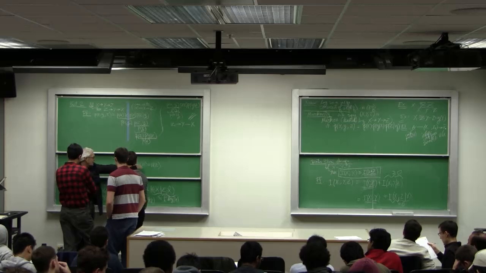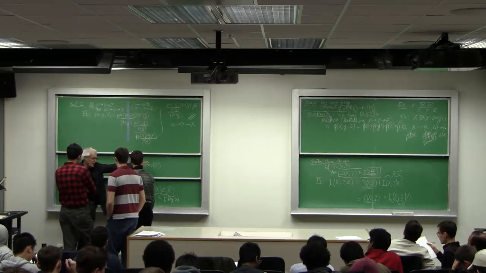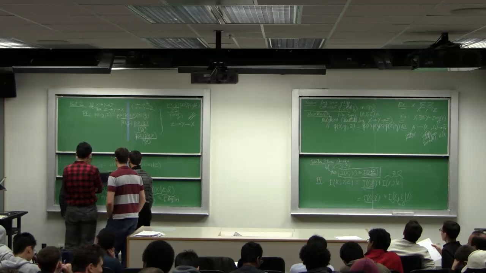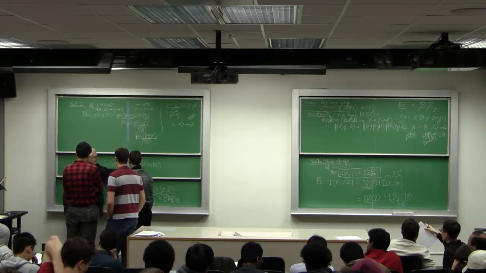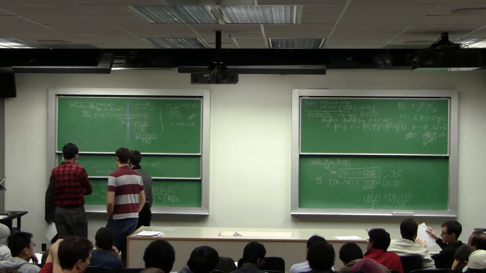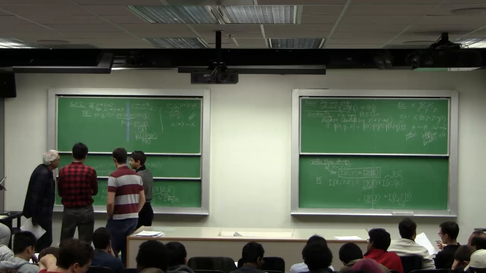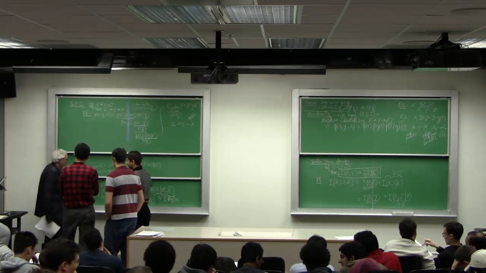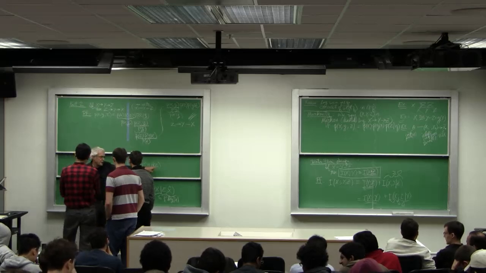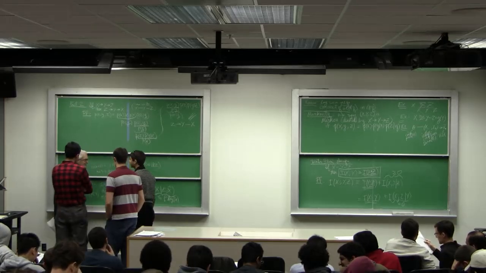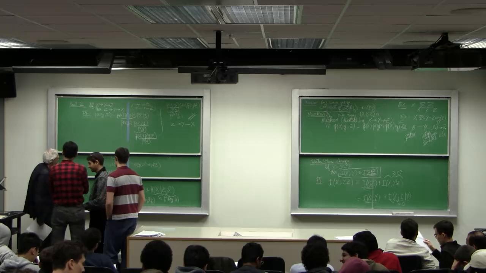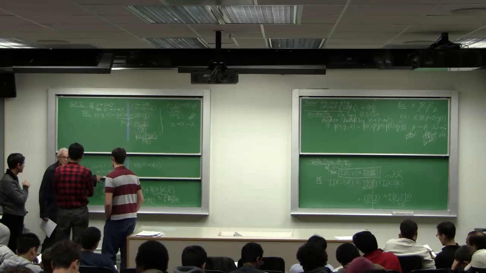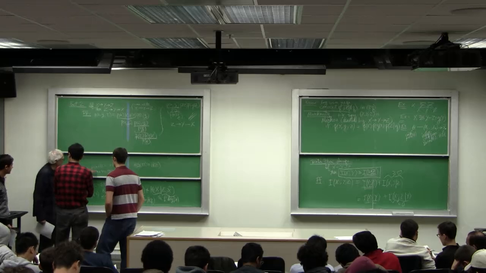The entropy of a function of a random variable is less than the entropy of the random variable, because we're amalgamating various probabilities. They are equal only if it's a bijection, only if knowledge of G will enable you to recover Z. Here G is not 1 to 1, so you actually have strict inequality.